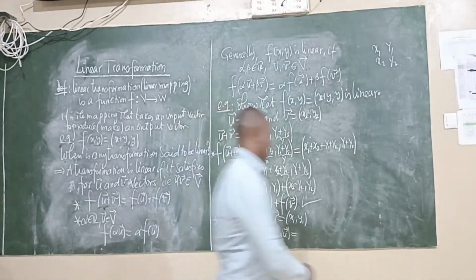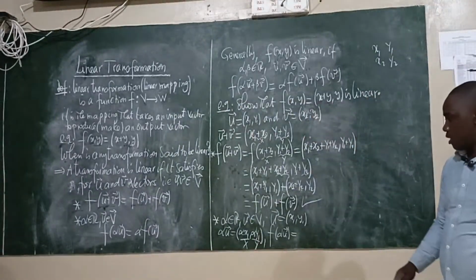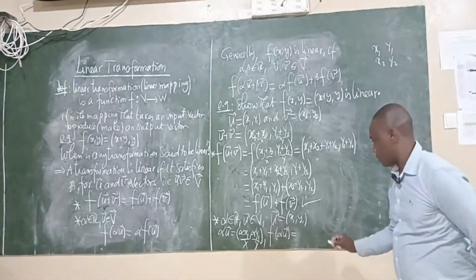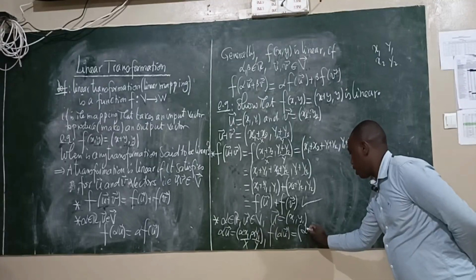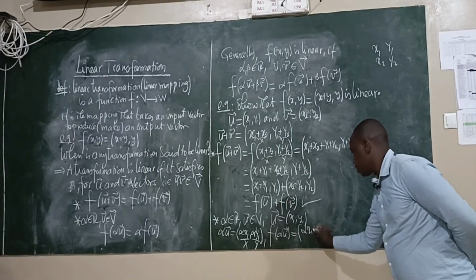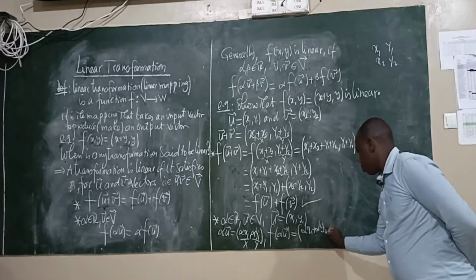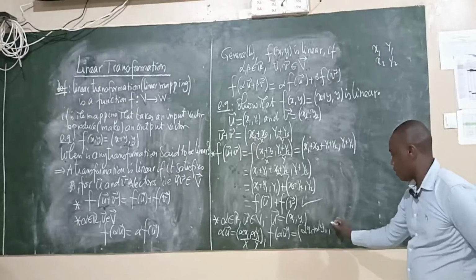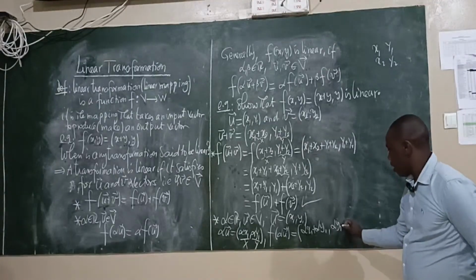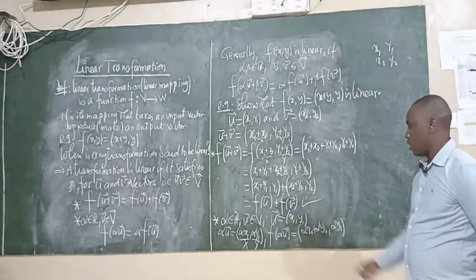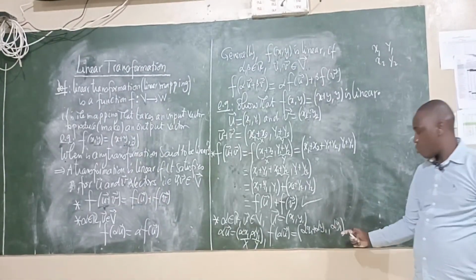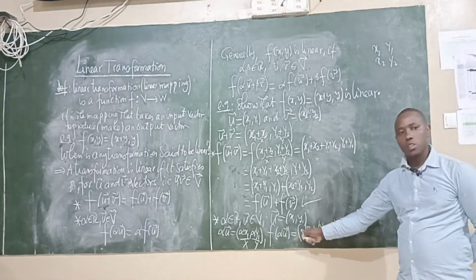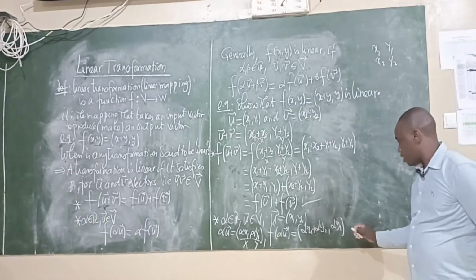Now, this is going to be alpha x1 plus alpha y1, comma alpha y1. Because here is the product of alpha, we want to take alpha out of the brackets.